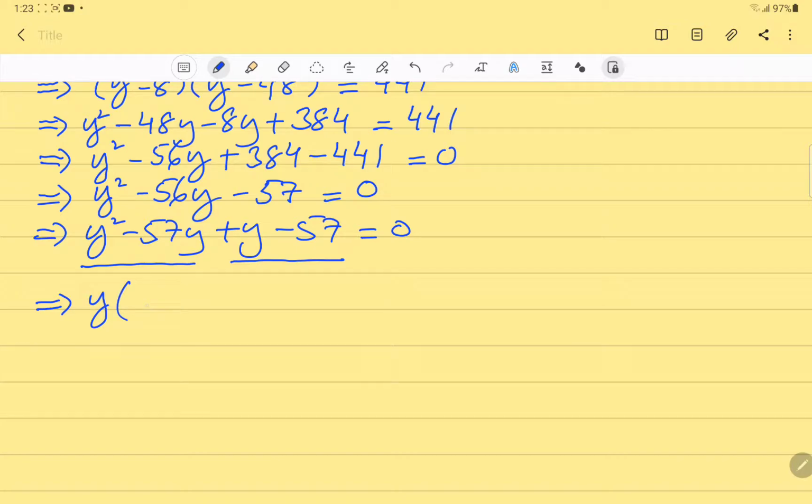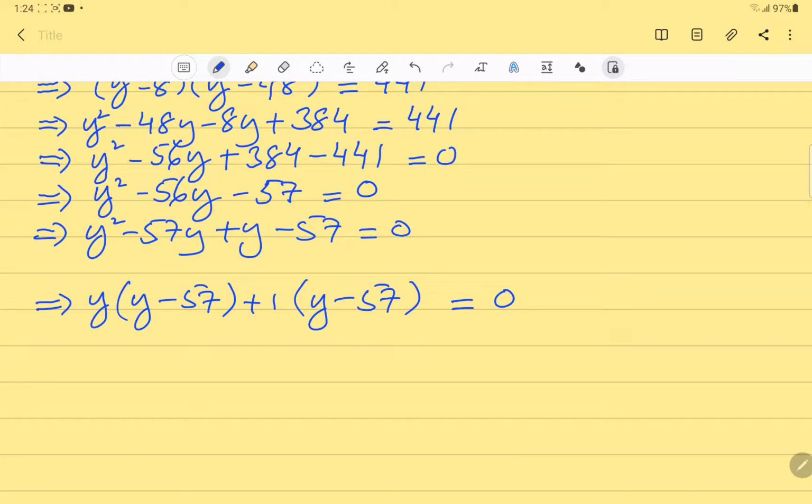So y into y minus 57 plus 1 into y minus 57 is equal to 0. So y minus 57 is common in both, and the left is y plus 1.